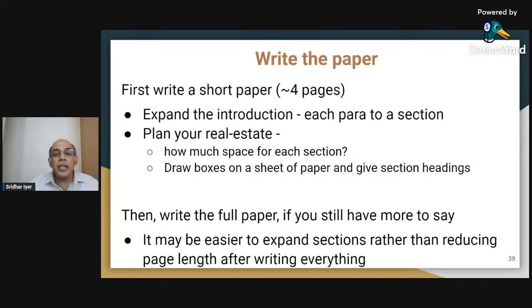So there is no point in writing 4 pages and then struggling to reduce it to 4-5 lines. That's the point: first write a short paper, and then if you see that you still have more to say, you write the full paper. It is often easier to expand sections rather than reduce the page length after writing everything.